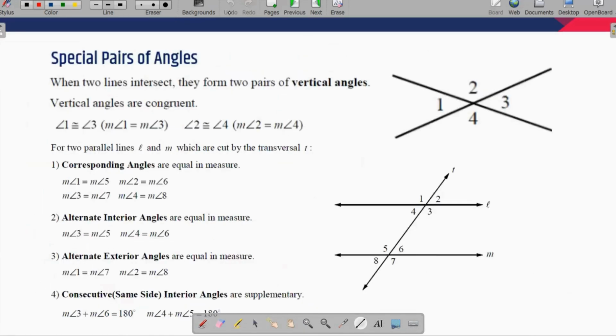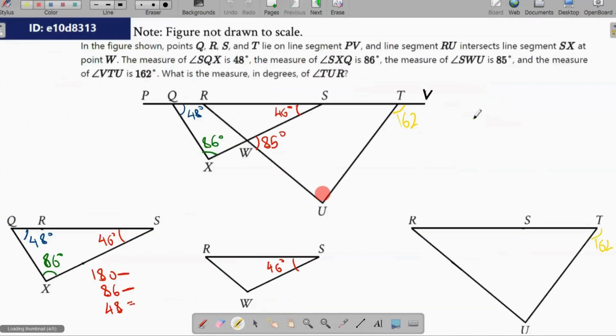Because of the special pair of angles rule, we know that the angles in front of each other are congruent, are the same. So angles 2 and 4 are the same, and angles 1 and 3 are the same. In our situation, that means this angle of 85 is equal to this angle of 85, but most importantly, these two angles must be the same.